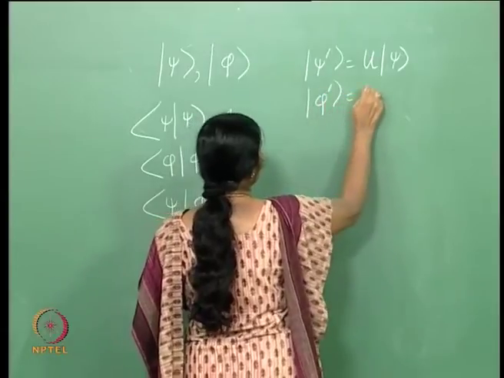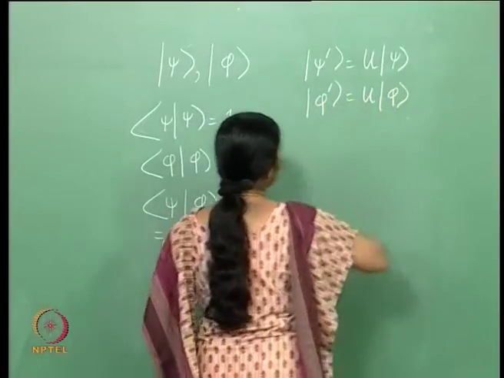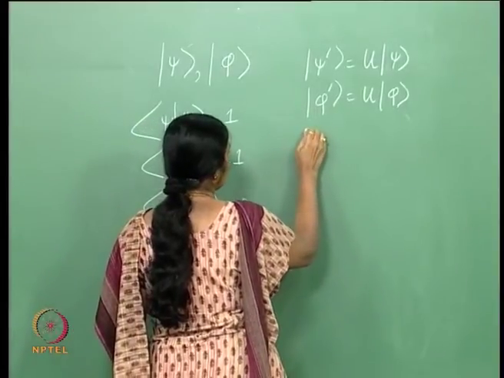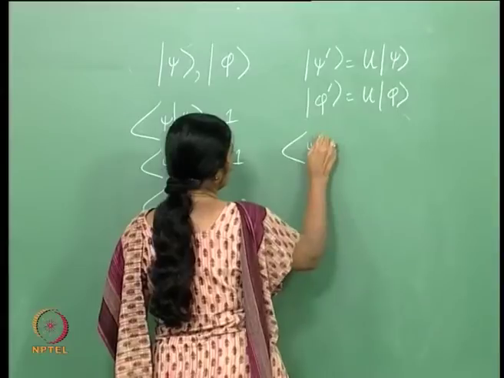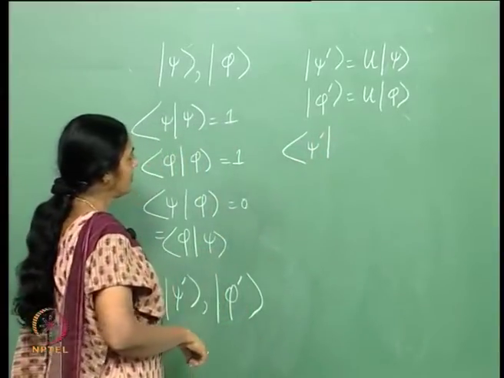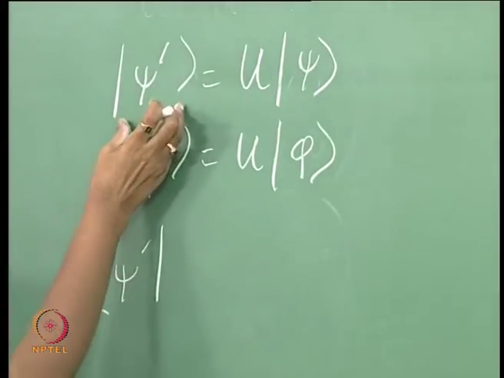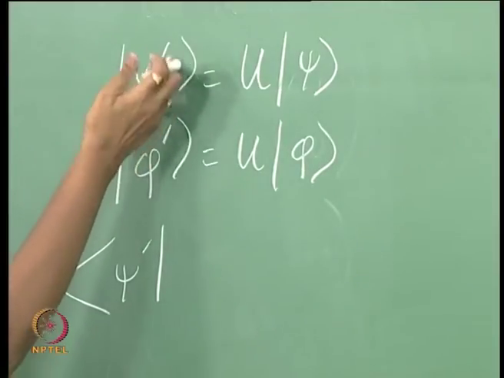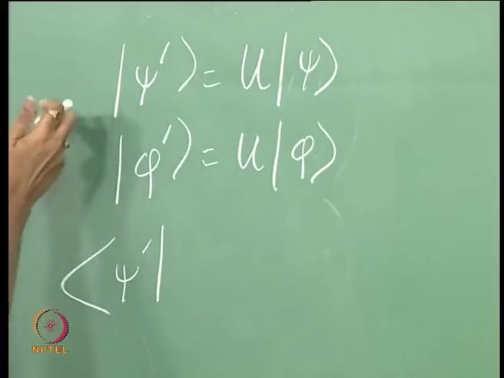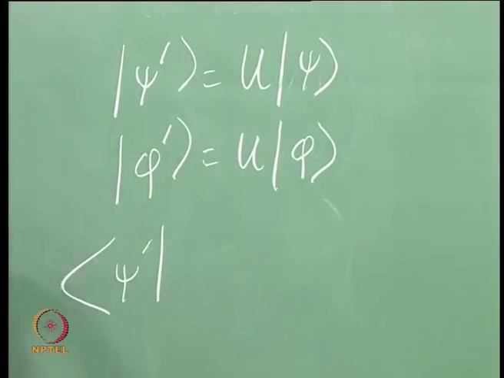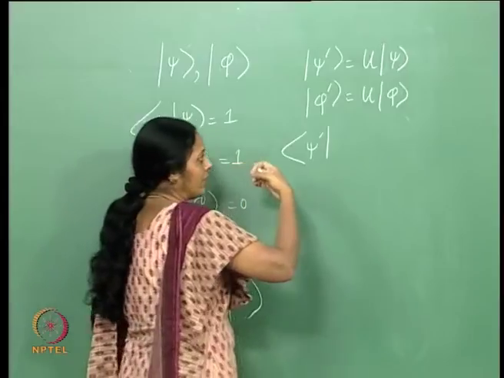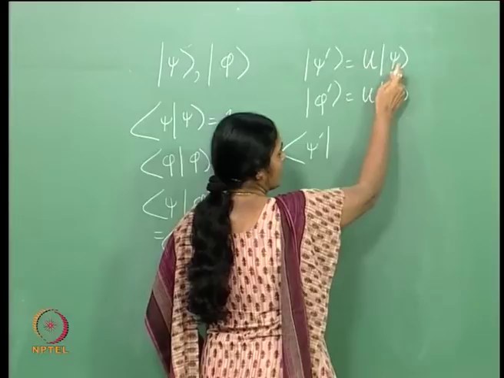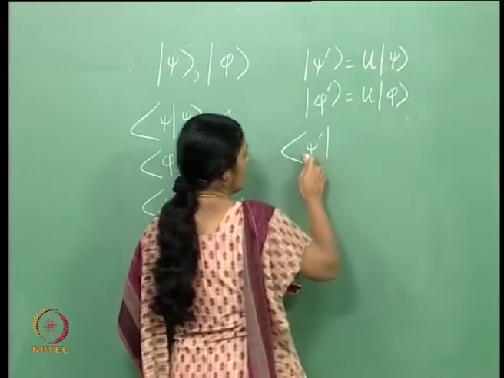Correspondingly, phi prime is U phi. So, what is the bra? It means interchange the rows and columns. That means, since this was a column, it would become a row. That means, take the transpose and take the complex conjugate of every entry, which amounts to saying take the Hermitian conjugate of this matrix and make that ket into a bra.